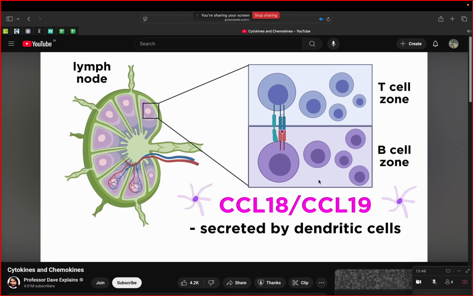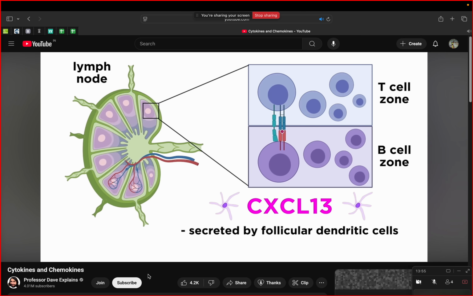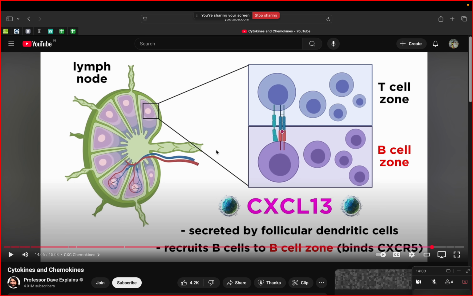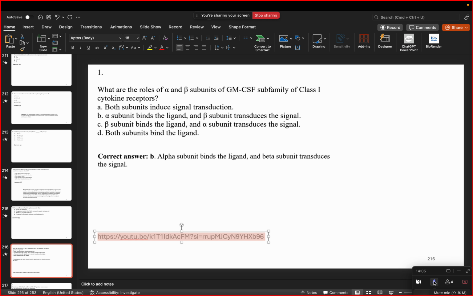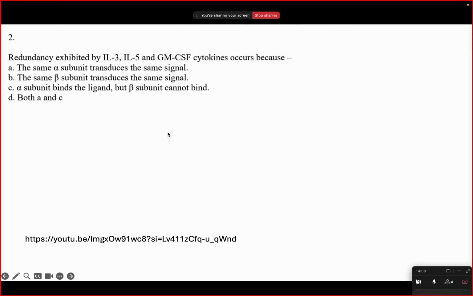CCL18 and CCL19 are then secreted by dendritic cells, which recruit T and B cells to the lymph node. And CXCL13 is secreted by follicular dendritic cells to recruit B cells to the B cell zone by binding. This was extra information because it was not part of our slides.